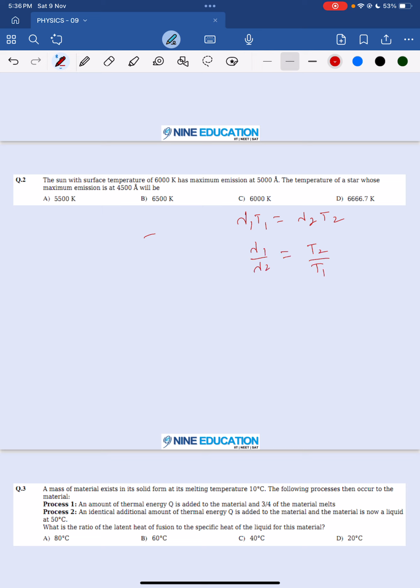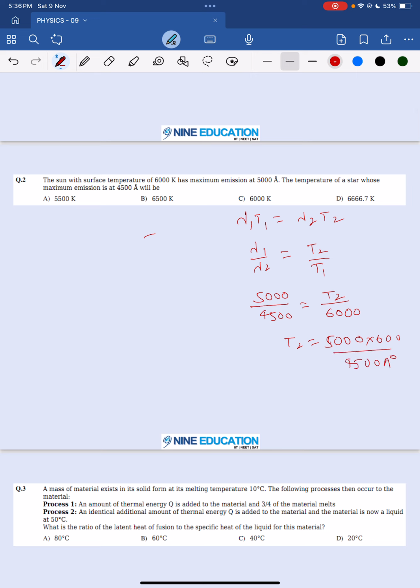Now what is lambda 1 here? Lambda 1 is 5000 angstrom, and lambda 2 is 4500. T2 we have to figure out, and T1 is 6000 Kelvin. So T2 is going to become 5000 into 6000 divided by 4500.